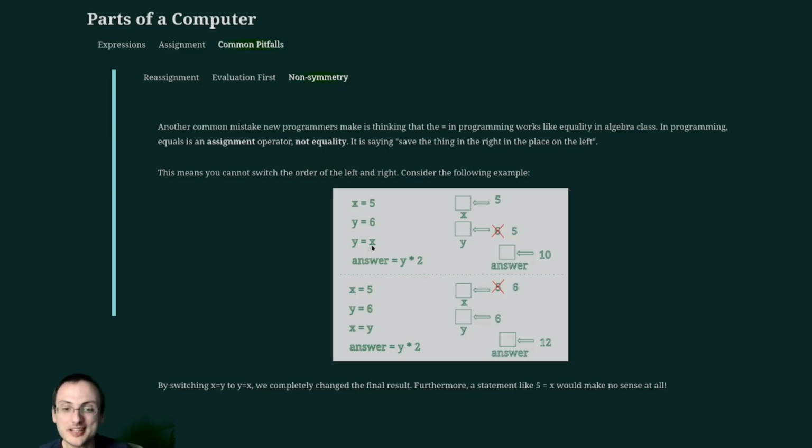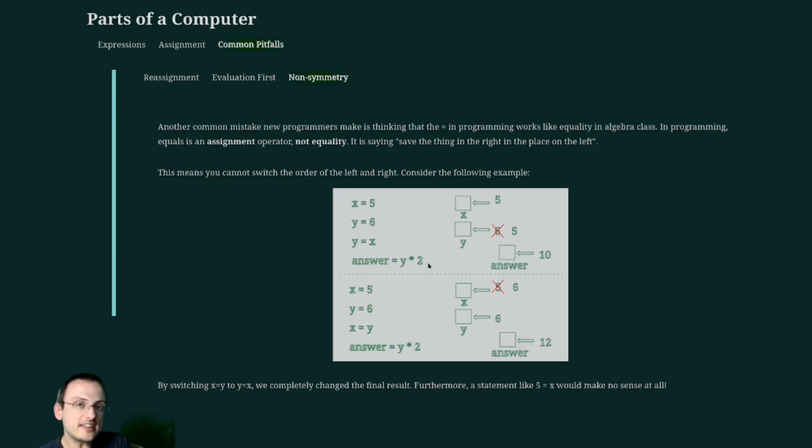I've changed what's in y. So I cross off what was there before, the 6, that is gone. And then I fetch what is in x, which is 5. So now y has 5 saved in it. Then if I do an answer equal to y times 2, that's going to be 5 times 2, and it's going to give me 10.